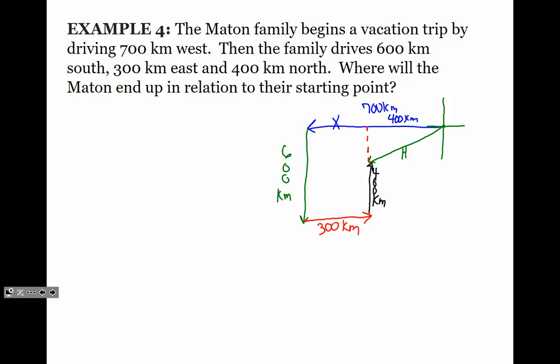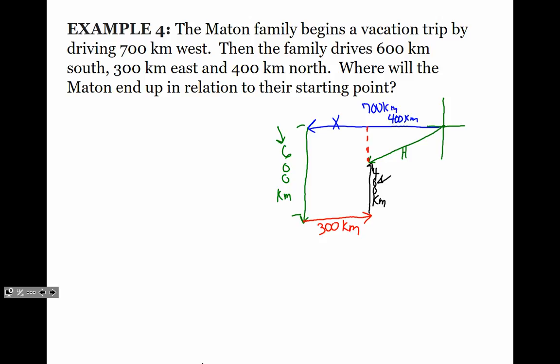Now I know that my green over here, my 600 kilometers, is the distance from here to here. And my little dotted area is within that 600 kilometers. I know that right here is my 400. So the difference between these two distances, 600 and 400, is 200.